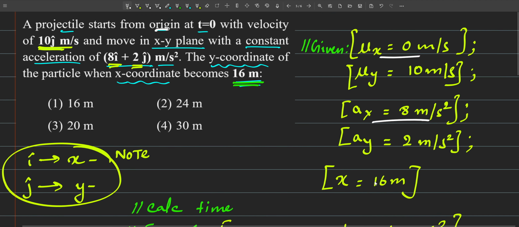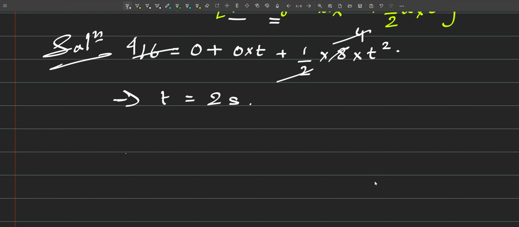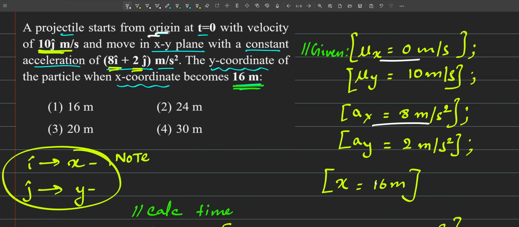So now we can apply the same equation for the y-axis. So now we can find y equal to y naught. Y naught is 0 as it is starting from the origin.